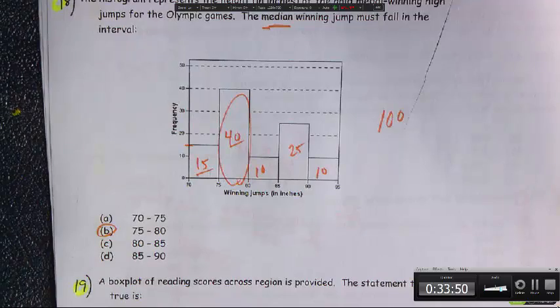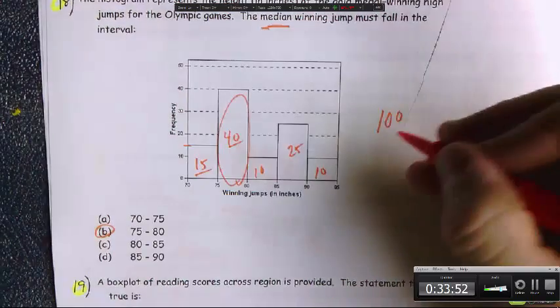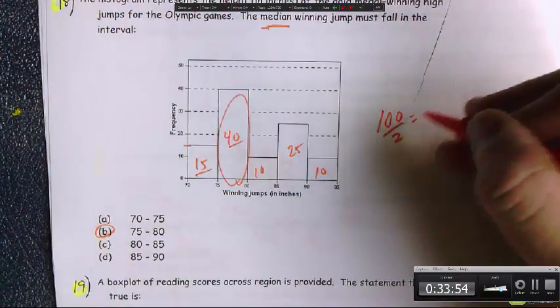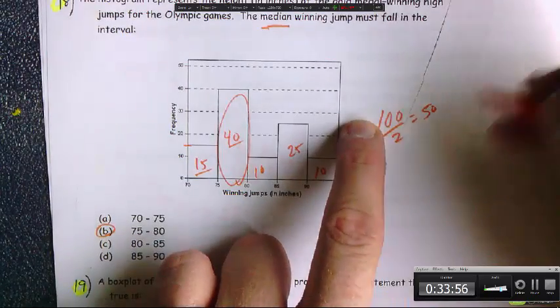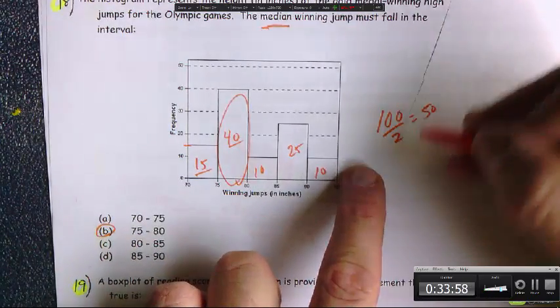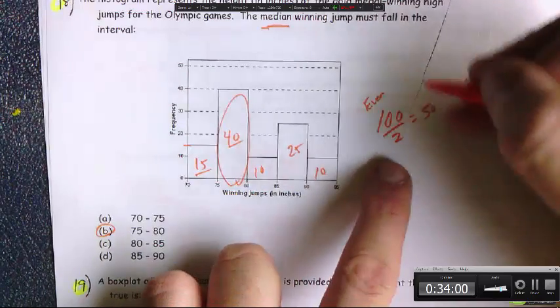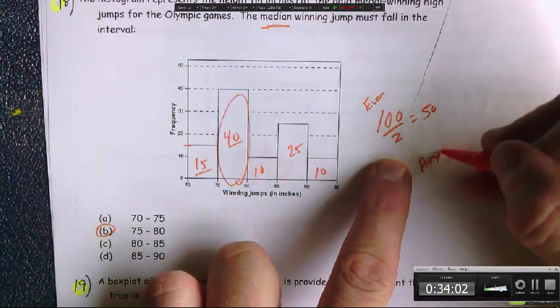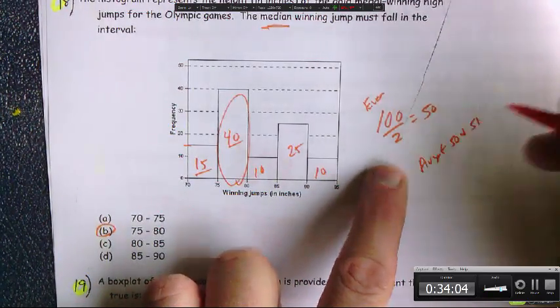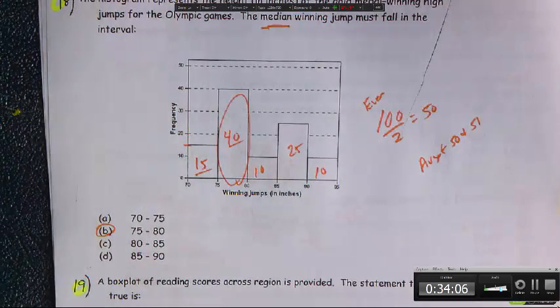You divide the 100 by 2, and then if it's even, you also add 1 to it. So since this is even, it would be the average of the 50th and 51st, and those both fall in the 75 to 80 category.